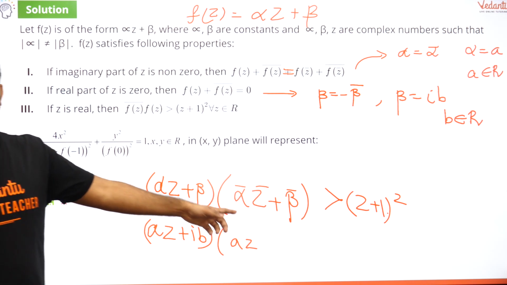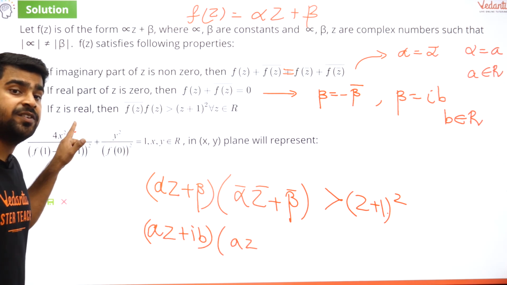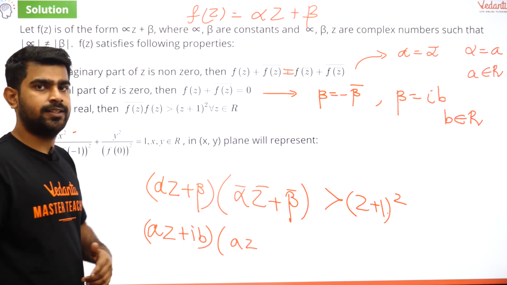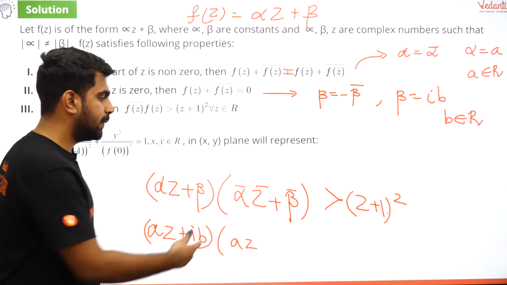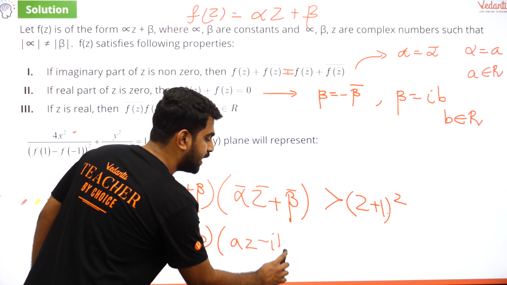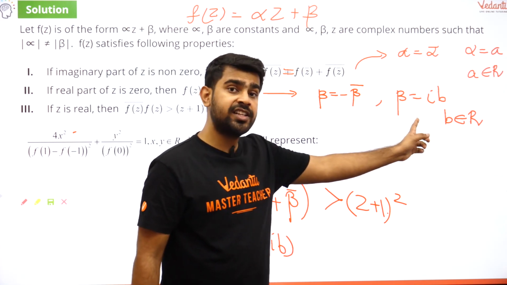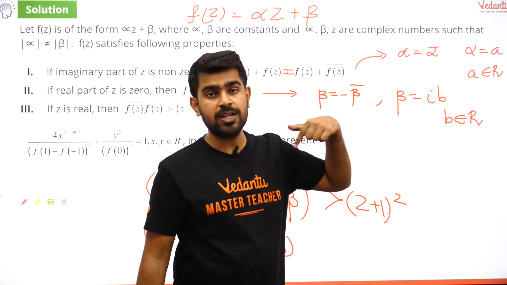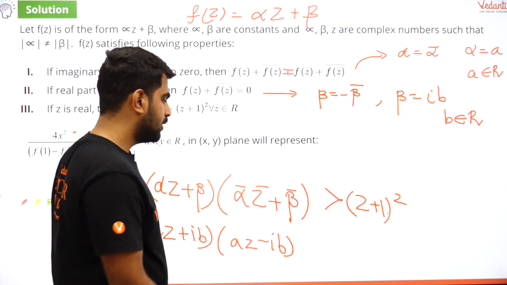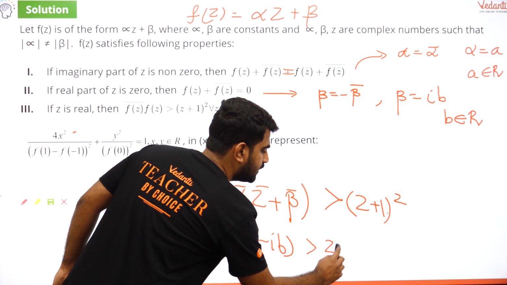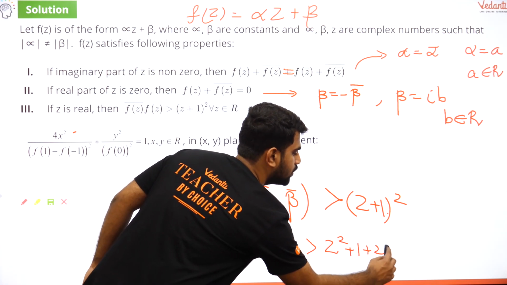Why did you write Z bar as Z? Because in the third subdivision, it is given to be real, right? So if it is given as real, then Z and Z bar are the same. Plus beta bar will be minus IB, because the conjugate of beta makes sense as it is a purely imaginary number. Got it? Now that will be greater than Z square plus 1 plus 2Z.